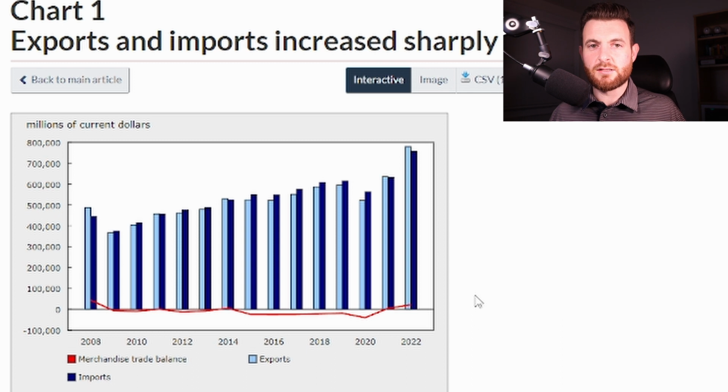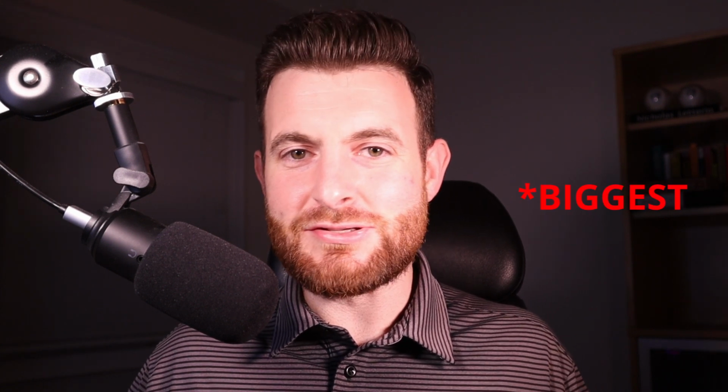But realistically, what the overall problem here is that we are buying these goods with Canadian dollars, and they are probably being sold to us in US dollars. So if our currency depreciates, then we're actually paying more for those goods, and it actually could hurt our inflation rate because of the fact that they are our latest trading partner.